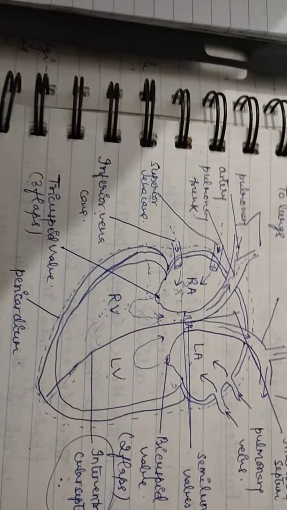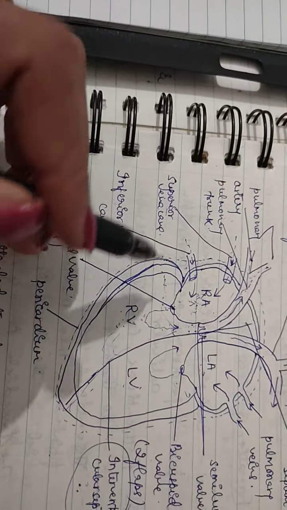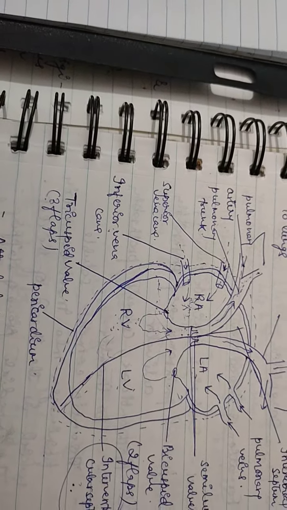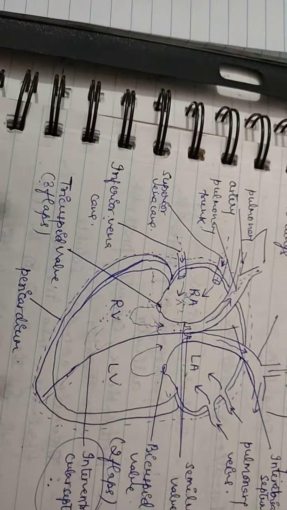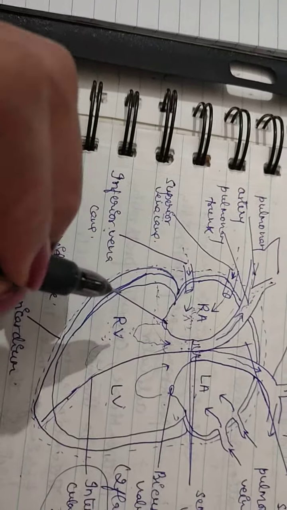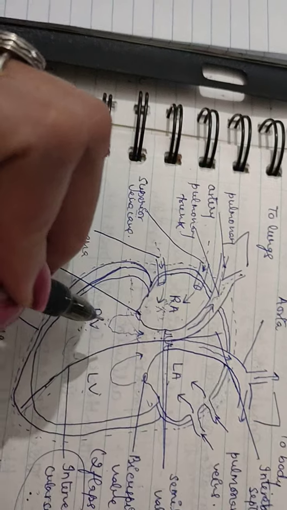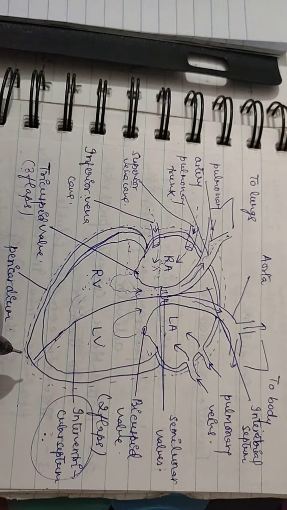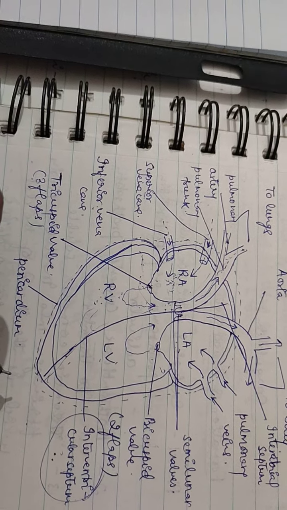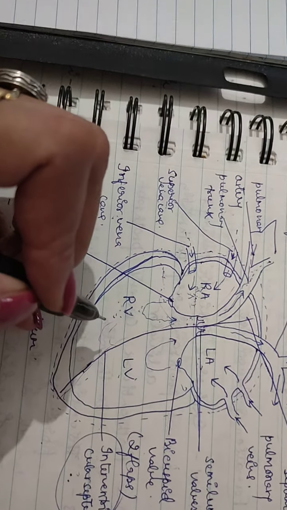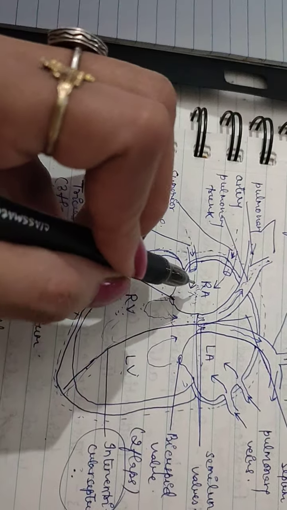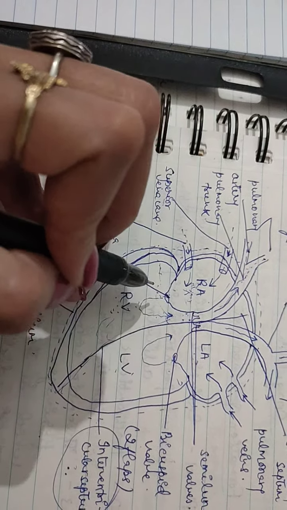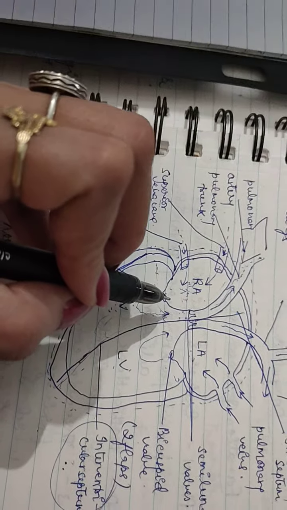And these four chambers are separated into right and left, and the thin muscular wall called the interatrial septum separates the left and right atria.